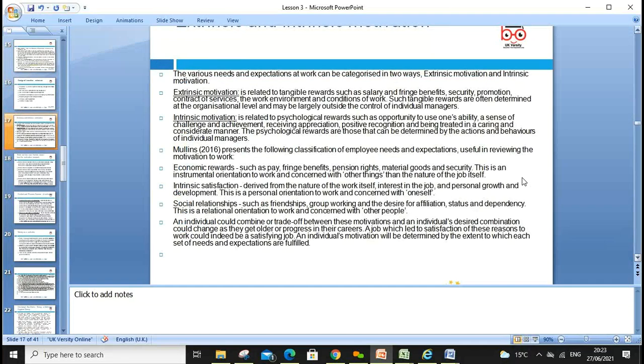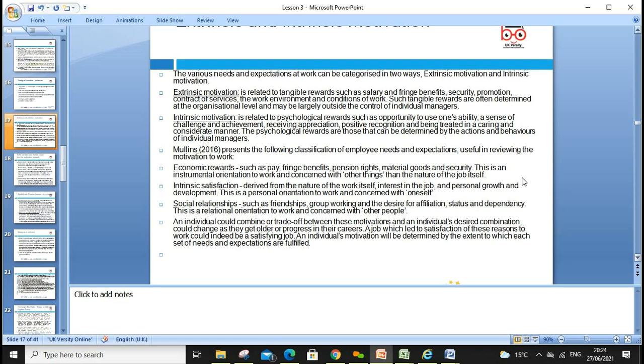Okay, a reward system must be carefully designed: fair and consistent for all employees, sufficient to attract, retain and maintain staff, improve reward progression and promotion, comply with legislation, and control salary costs. Extrinsic rewards are tangible rewards: salary, fringe benefits, security, promotion.